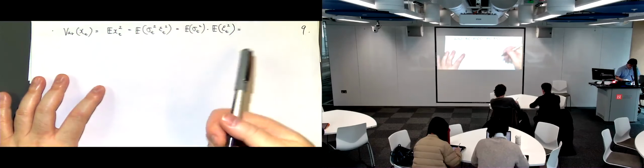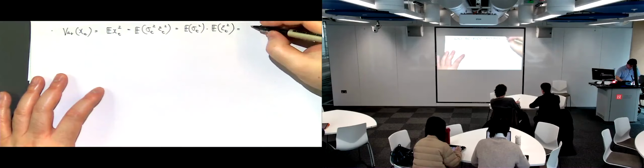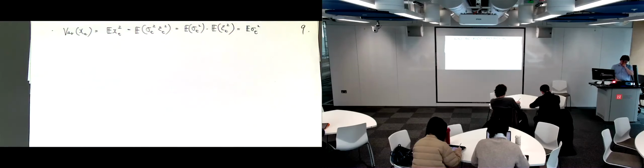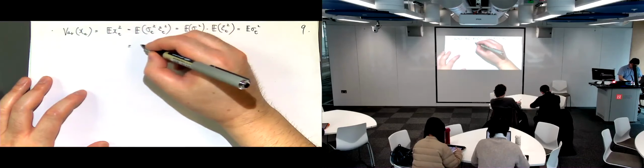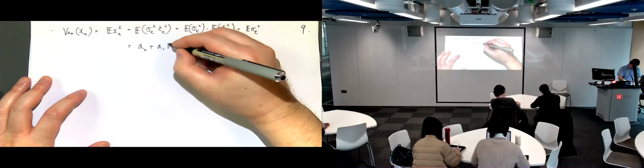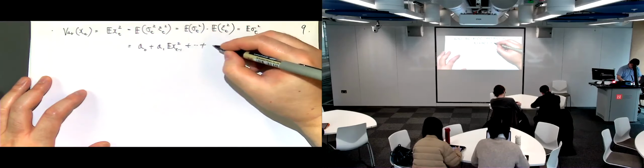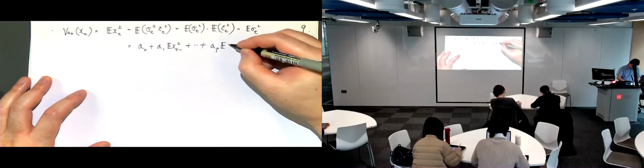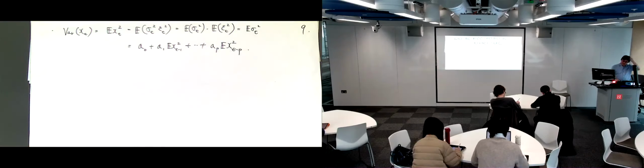They're independent. And epsilon t squared, of course, has expectation equal to 1, as it is IID normal. So ultimately, this is just expectation of sigma t squared. Okay? And using the formula for sigma t squared, this is a0 plus a1 times expectation of xt minus 1 squared, plus all the way up to ap times expectation of xt minus p squared.